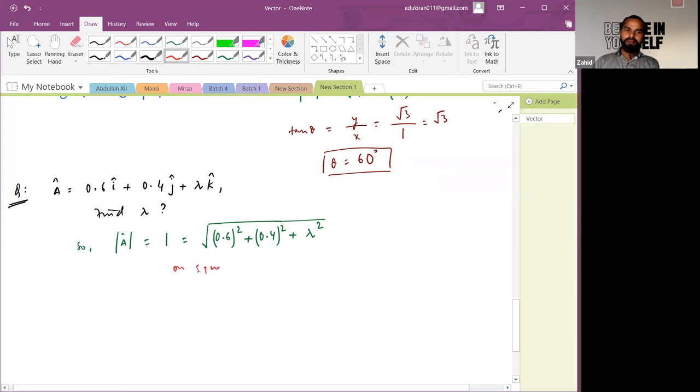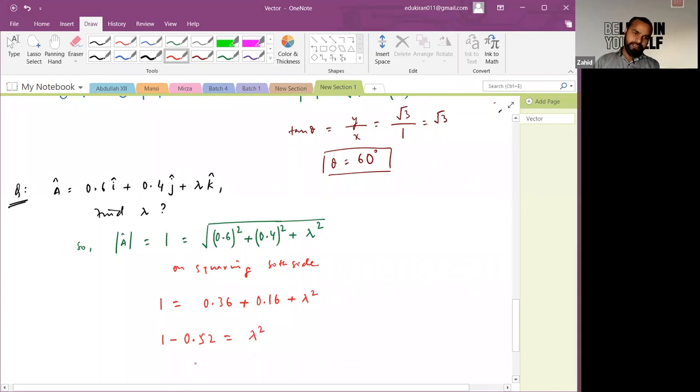So on squaring both sides, it will be 1 is equal to 0.6 squared, which becomes 0.36, plus 0.4 squared, which becomes 0.16, plus lambda square. So move these two terms to the other side. It will be 1 minus 0.36 plus 0.16, which will be 0.52, equal to lambda square.